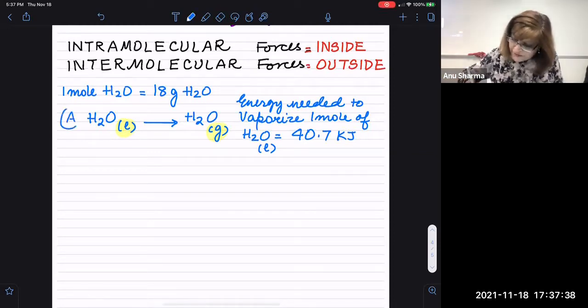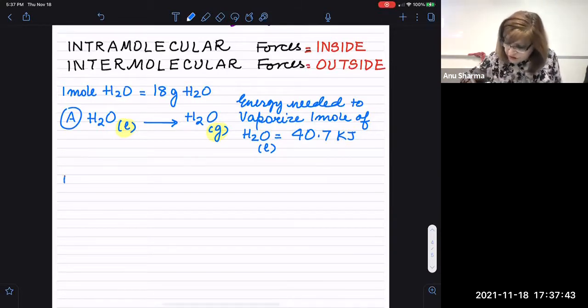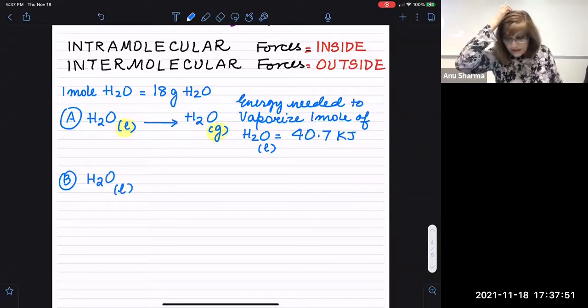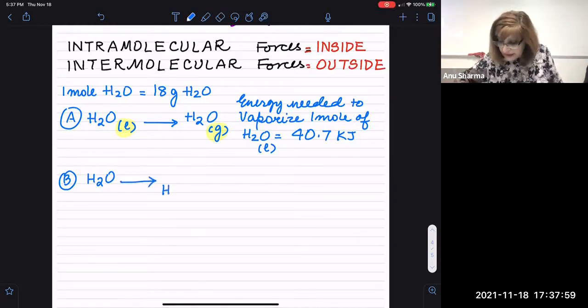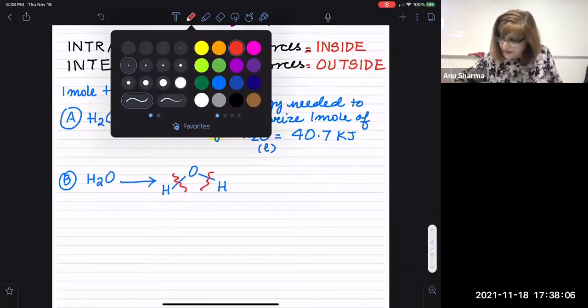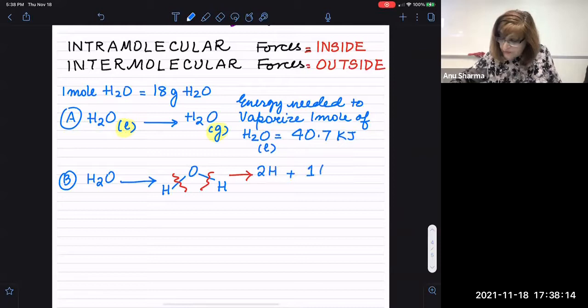So when we supply 40.7 kilojoules of heat, we see there is just a small change in state. But if you continue to provide heat, what happens is the hydrogen and oxygen bond breaks, and we see that two atoms of hydrogen and 1 atom of oxygen are released.